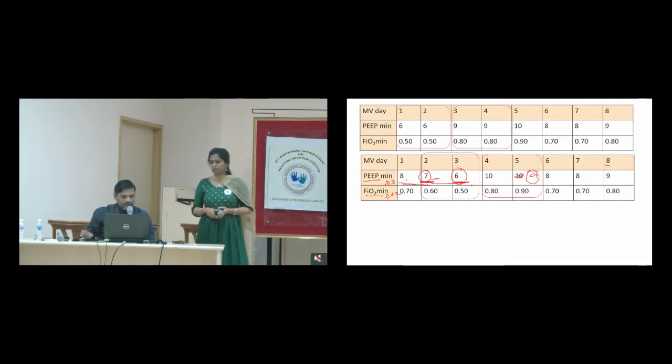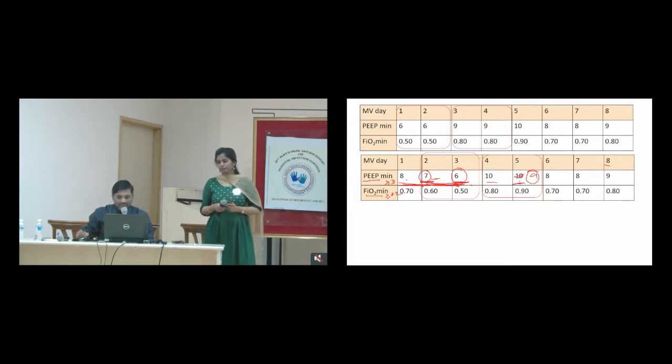8 and 7 is a baseline or not? Baseline, but the second criteria is not fulfilled because after 7 you don't have a jump. So it cannot be considered as baseline. 7 and 6 decreasing, so it can be baseline. After that you have a jump of 3 or more, 10 and 10. So it is fine.